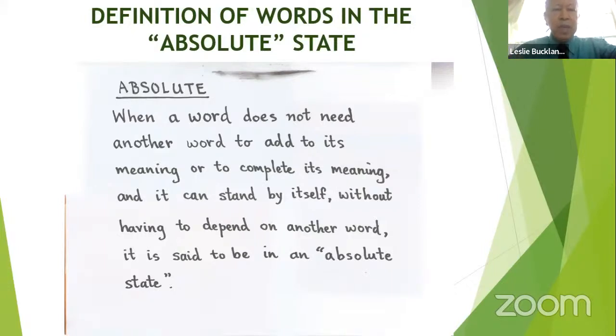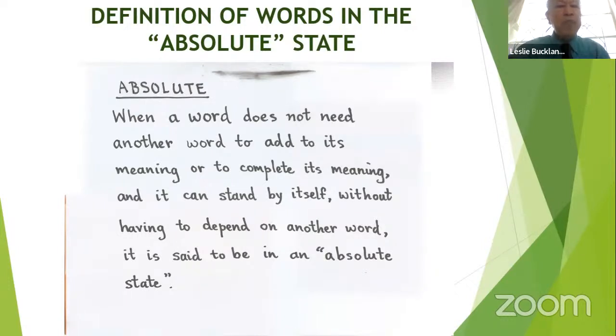However, if I were to add to the word pen the words of Solin, so that it now is pen of Solin, of Solin is describing whose pen it is. So pen is no longer in its absolute state. It's not standing by itself, because it is now put into its construct state that tells us whose pen it is. It is the pen of Solin.